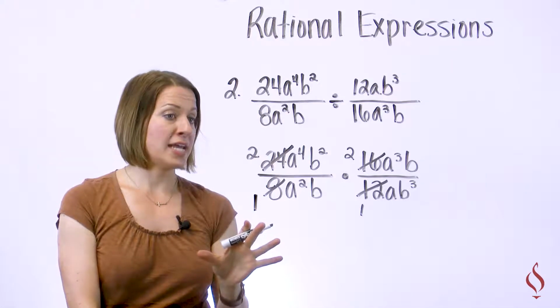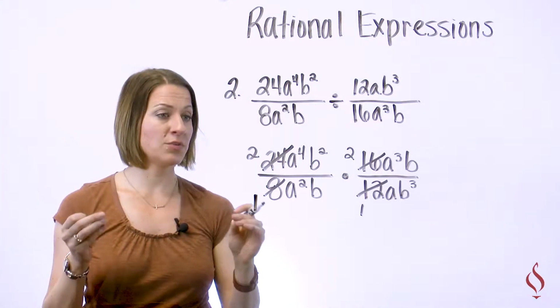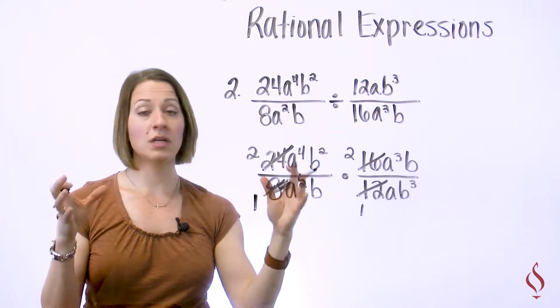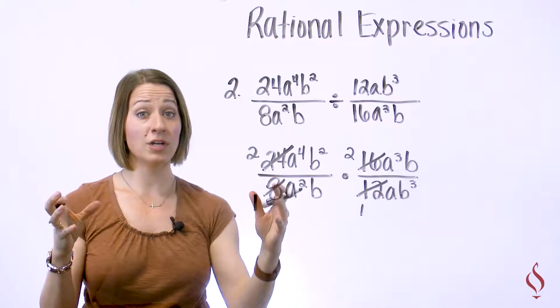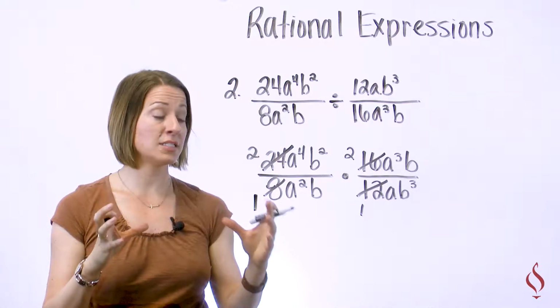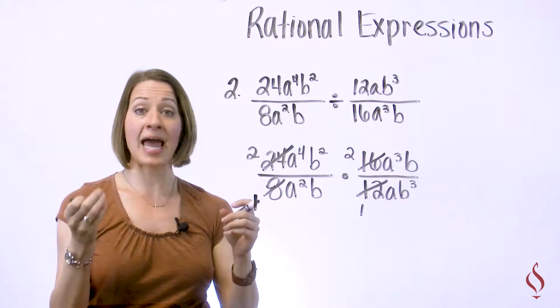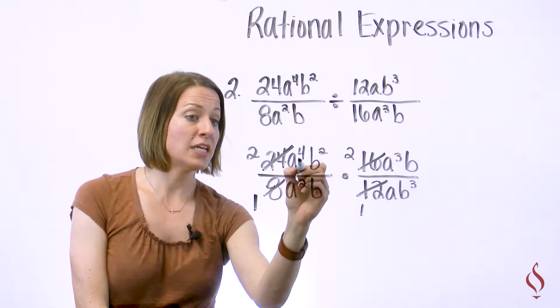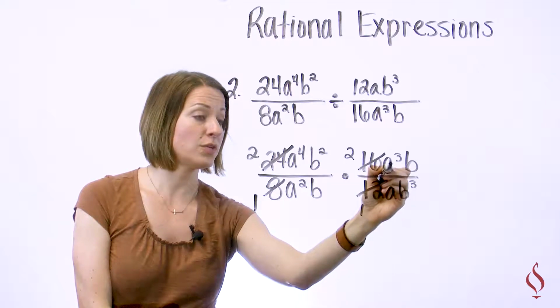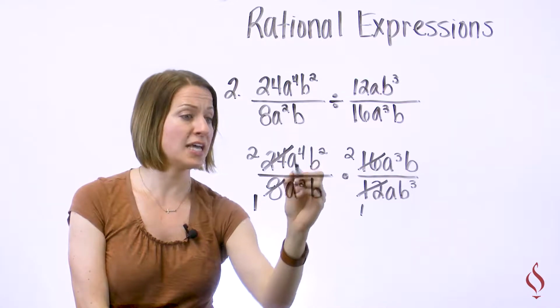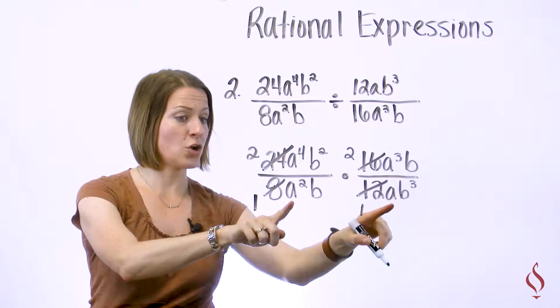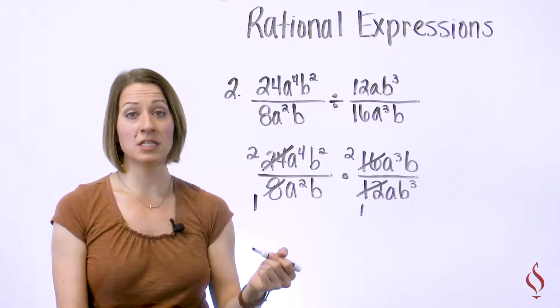Okay, let's look at your A's. The way I want you to imagine this is I want you to find the total number of A's in the numerator and the total number of A's in the denominator. And how you find the total is by adding the exponents. And so if there's 4 here and 3 here, we have a total of 7, and a total of 3 in the denominator.